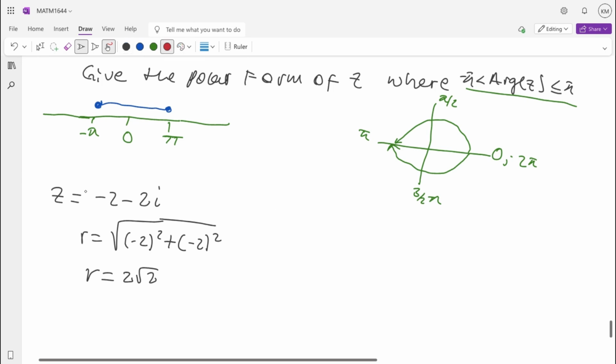But then we have to first sketch this on our plane. If we put it on the real and imaginary plane, where is it going to be? It's going to be in the third quadrant here. This is where they are both negative. Okay, so say minus 2, it's somewhere there, and also there.